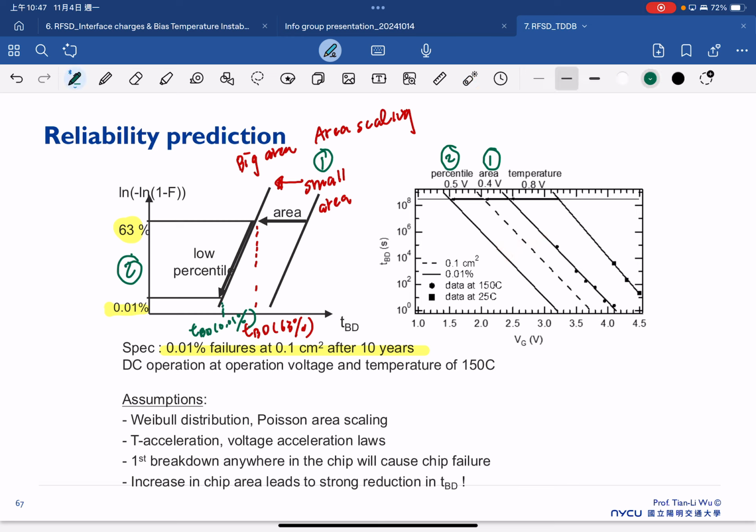And then in the end, we can extrapolate this value.